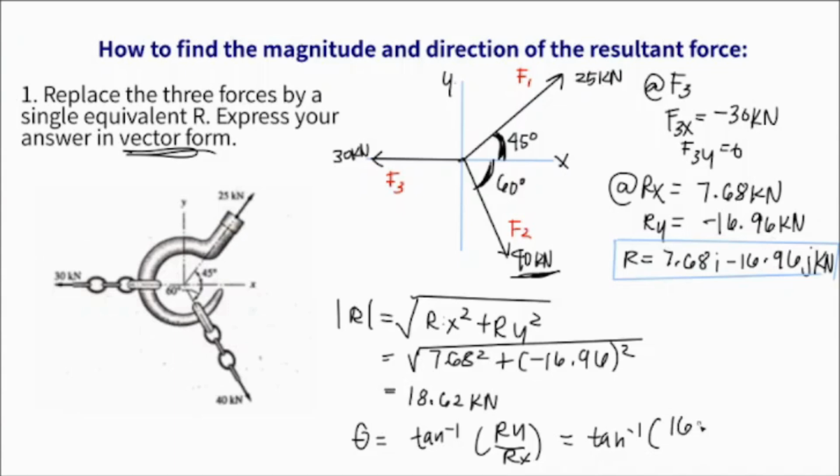So, 16.96 all over 7.68. The answer will be tan of 16.96 over 7.68, 65.64 degrees.